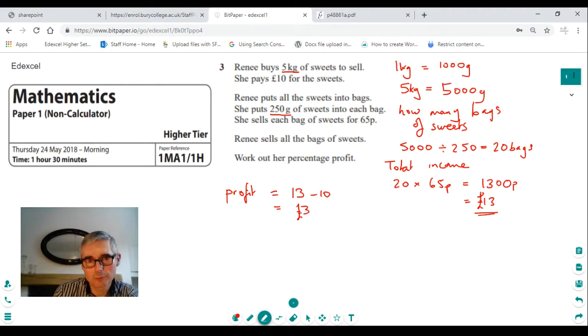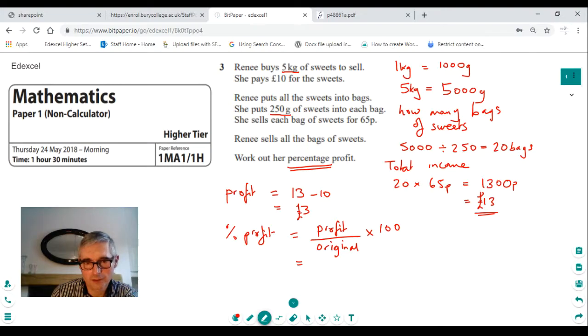And finally, we're being asked to work out what the percentage profit is. So the percent profit is actually the profit over the original amount, in other words what she paid in the first place, times by 100.